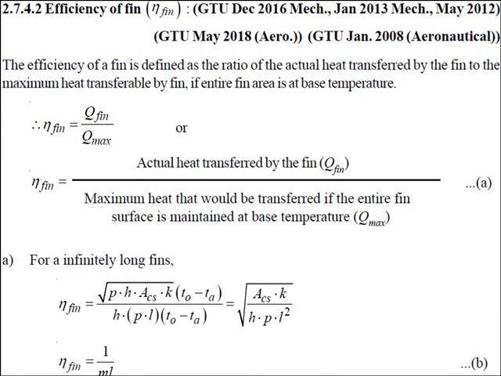So if we consider the first case, that is of an infinitely long fin, we can define efficiency of fin as equal to square root of PhAk into (T0 minus Ta) divided by the maximum possible heat transfer, that is h into surface area into (T0 minus Ta), and that is equal to square root of cross section area into thermal conductivity divided by convection heat transfer coefficient into perimeter into square of length of fin, or you can say that is equal to 1 upon ml, where m equals square root of hP divided by Ak, that is the fin constant.